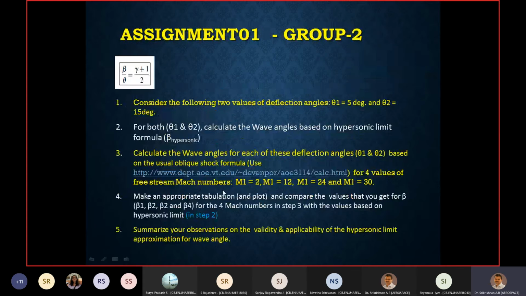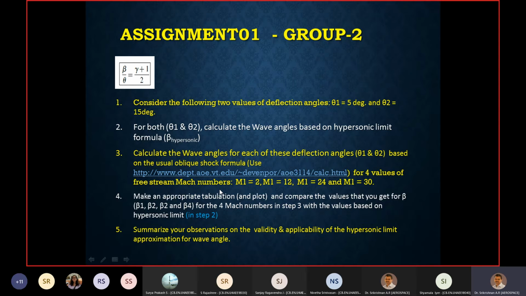I'm sorry, the hyperlink is not inserted here, but you can find it out, and once I upload it, you can go through it and get that link. It's a very convenient, intuitive online tool. Probably you would have seen it already, where you can calculate the ratios across oblique shocks as well as normal shocks, and also Prandtl-Meyer expansion, etc. It doesn't require any training. Just by seeing that, you'll be able to do that.